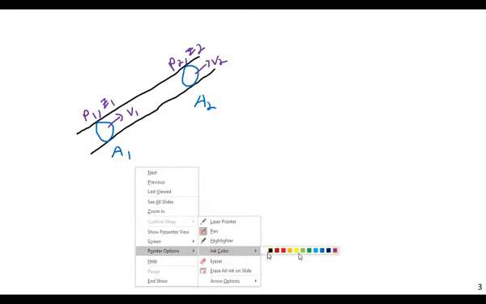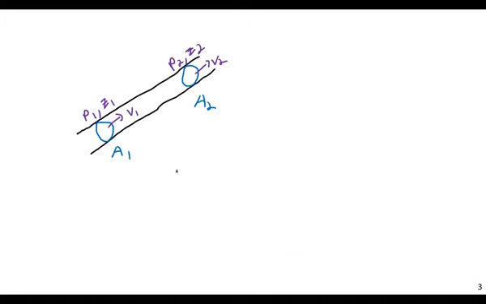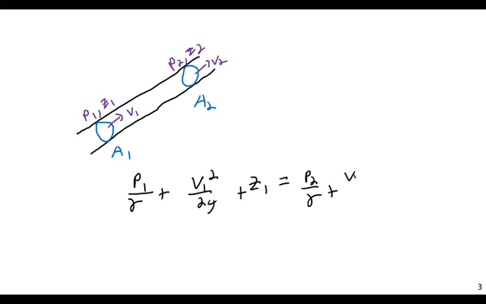Now, if we go back to our Bernoulli equation, P1 over gamma plus V1 squared over 2g plus Z1 is equal to P2 over gamma plus V2 squared over 2g plus Z2.